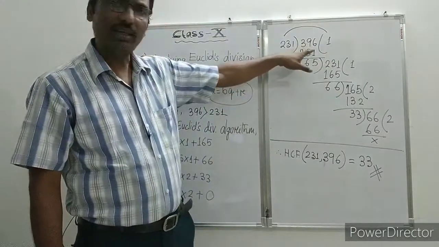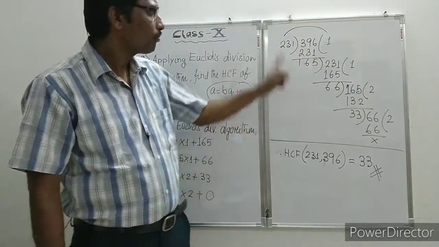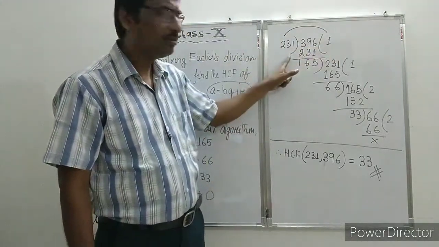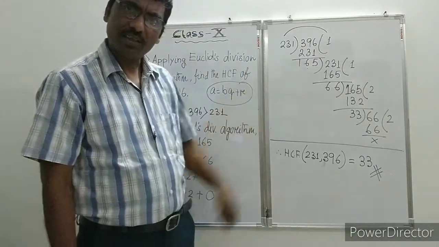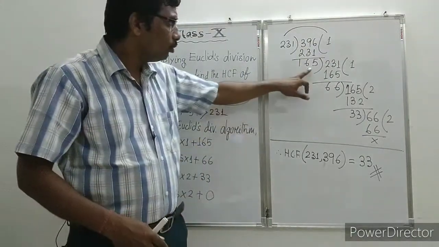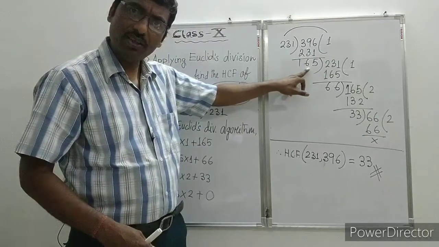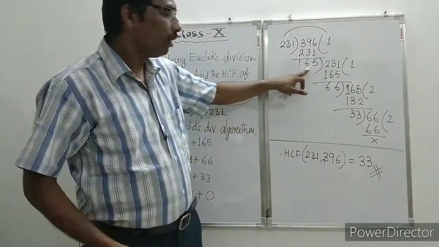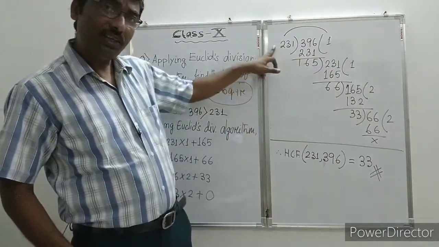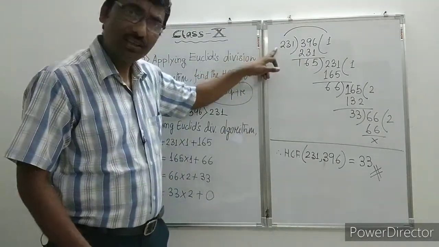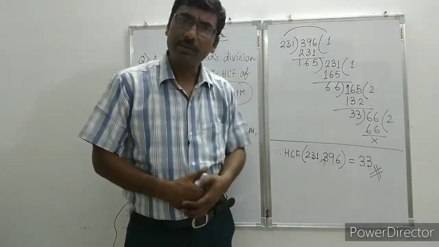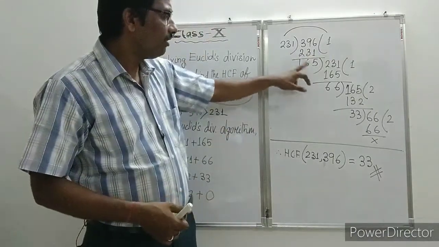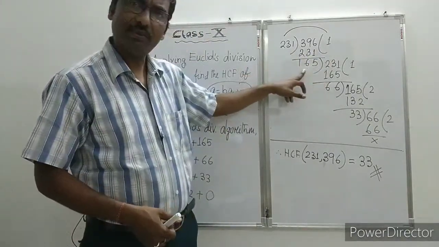So we are dividing 396 by 231. So 231 once 231, remainder is 165. You see the remainder is 165, not 0. So we have to again divide. What will we divide? We divide the preceding divisor by the remainder. So again we are dividing 231 by 165.